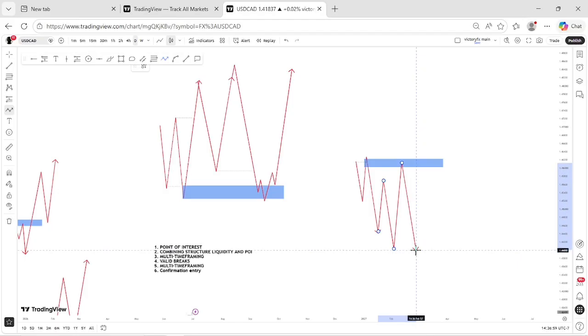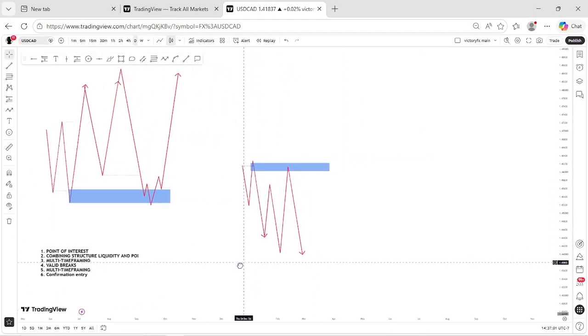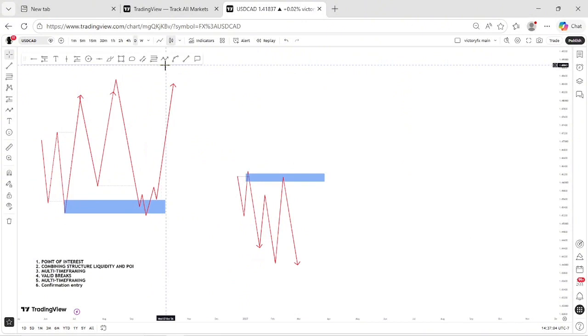Point of interest, right? Now for a breakout block setup, let's use the sell scenario. So let's say this is a break of structure. This is a bullish break of structure, and then we have price mitigate the origin of the break of structure.